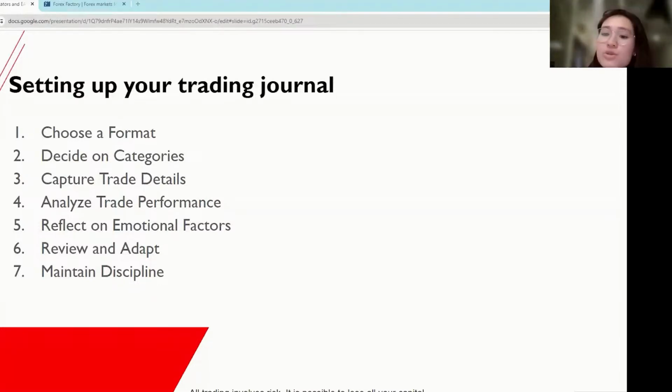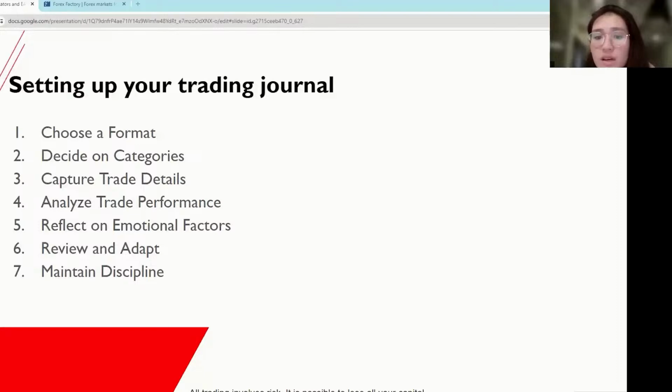You might also choose to include trade rationale, market conditions, and emotional state. Capture trade details, that basically means recording any relevant information and being consistent and diligent in entering the details accurately and promptly after each trade.